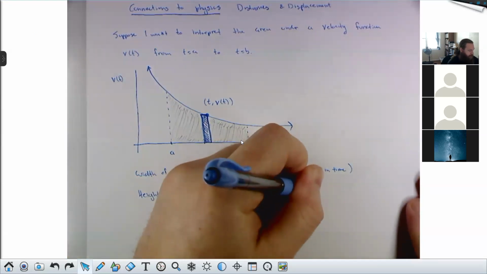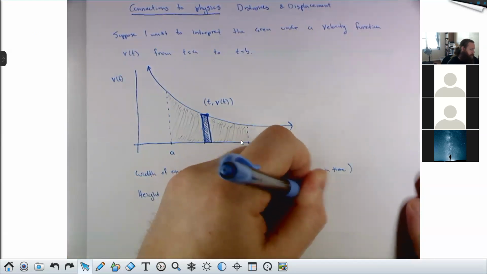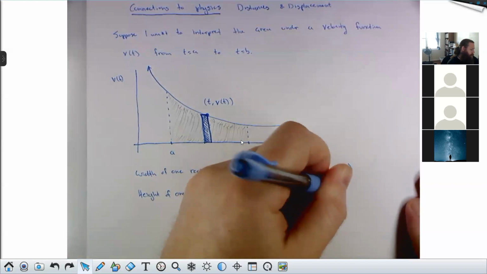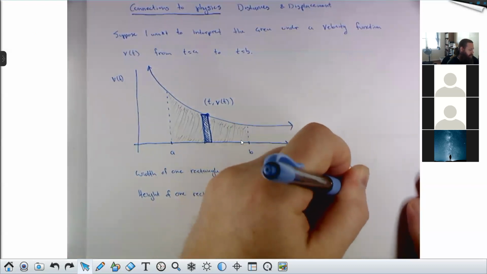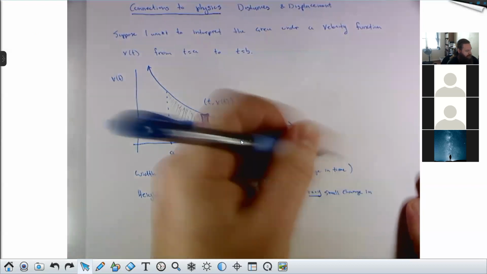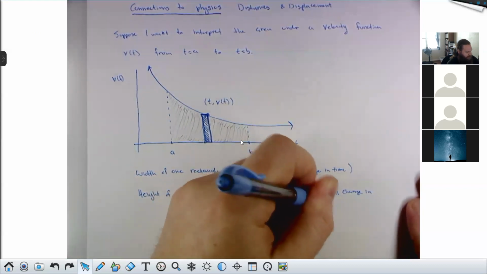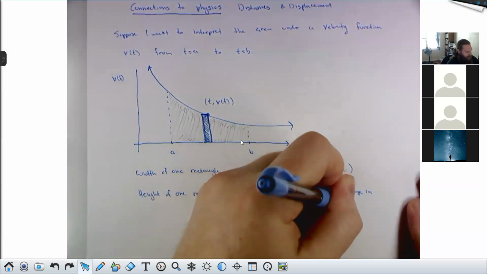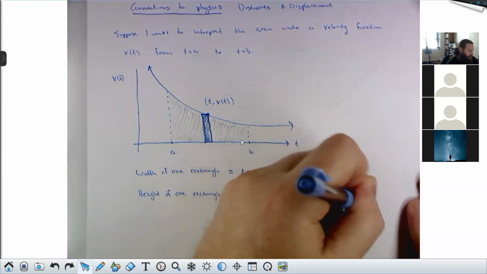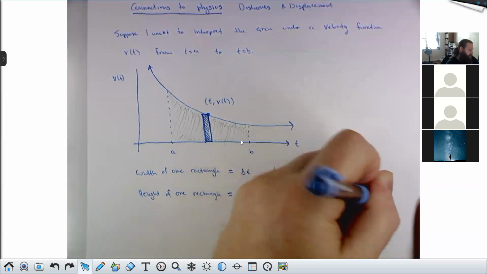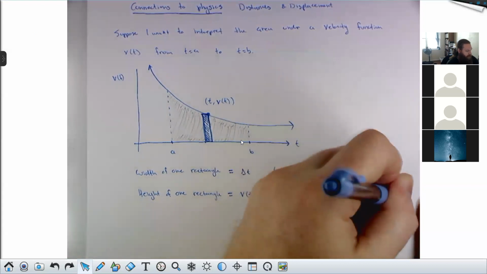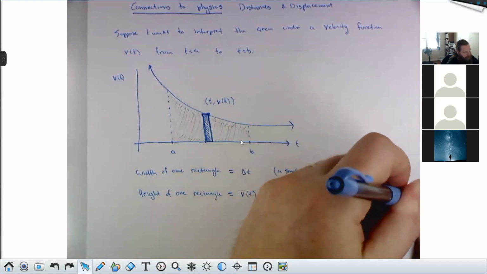So it's a very small change in position over a small change in time.